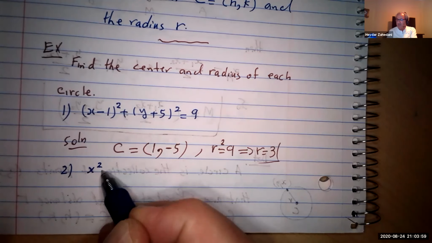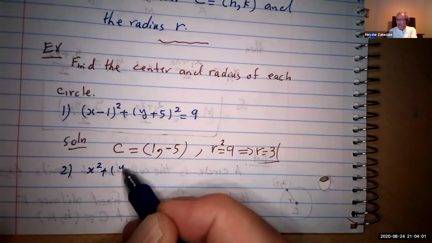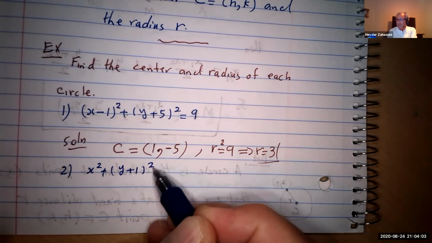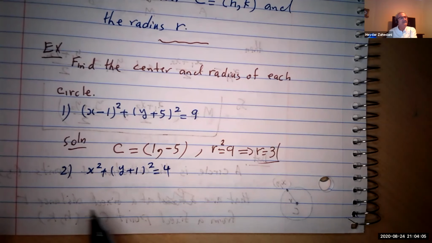x squared plus y plus 1 all squared equal to 4. Any suggestion? What's the center in this case?